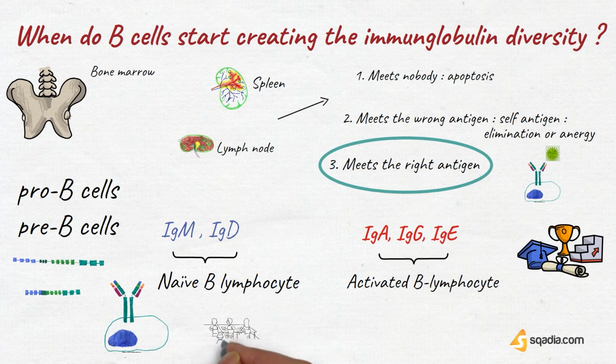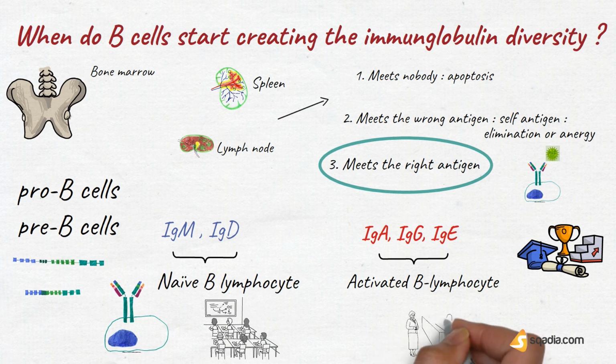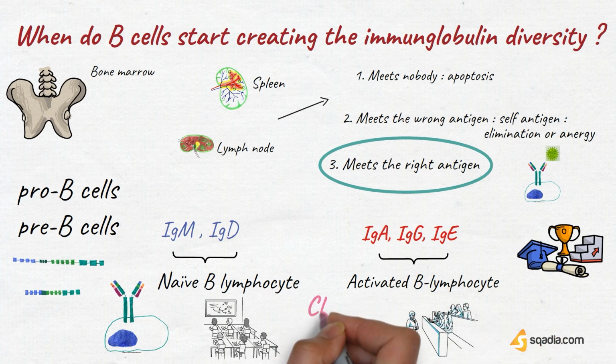So after antigen activation, the naive B cell that produces only IgM and IgD will go from school to university. And now they will learn to produce IgA, IgG, IgE immunoglobulins, and this process, since they have changed class, is called class switching.